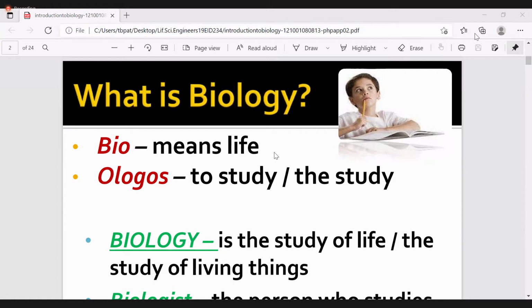Reproduction takes place in living things, but non-living things do not have reproduction. Not at all reproduce. But living things can reproduce. Living things can grow. Living things have motility, movements. This takes place. But in non-living things, reproduction does not take place.